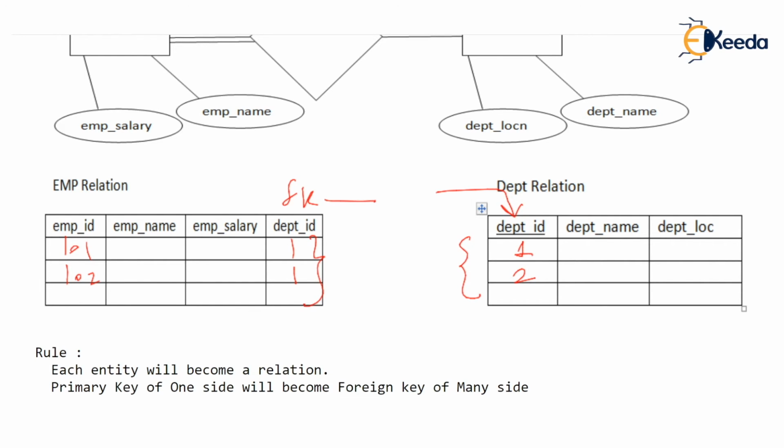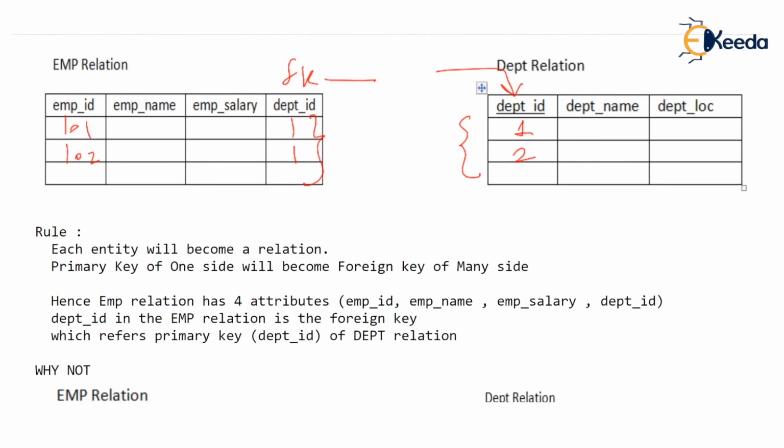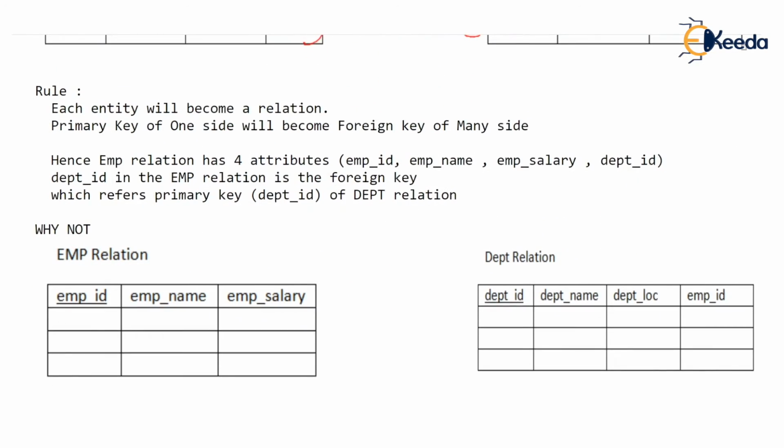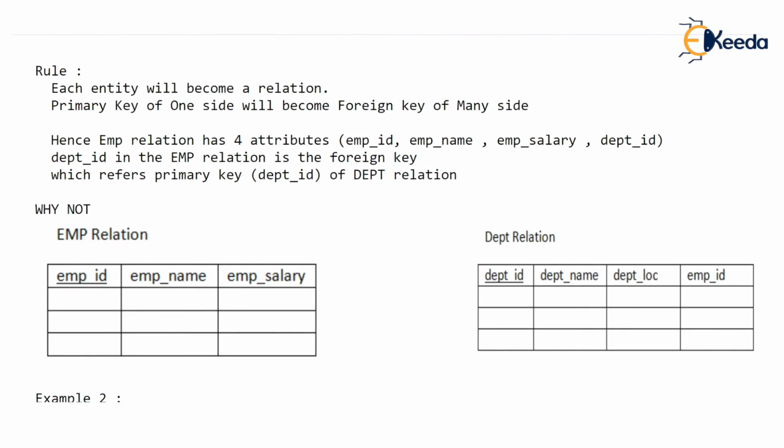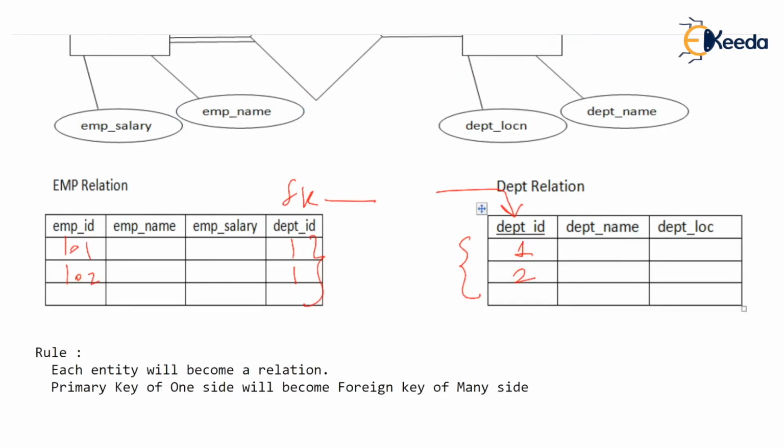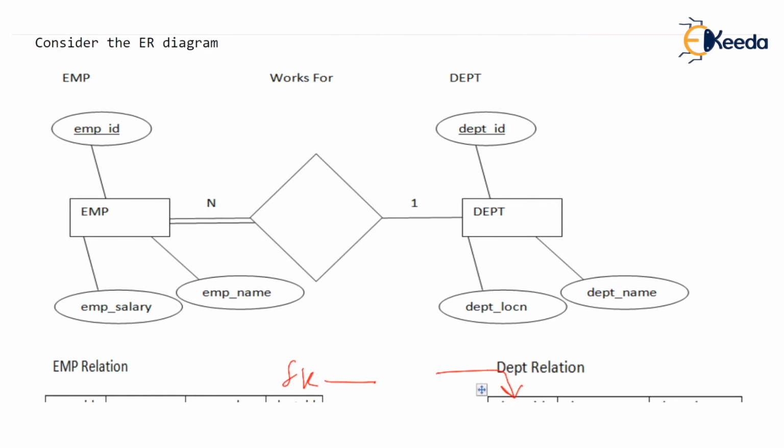Now, before I close this discussion, let's challenge this decision. Somebody will say, no sir, you have told us the rule that the primary key of the one side should become the foreign key of the many side. Why is the opposite not done? Why can't the primary key of the many side become the foreign key of the one side? I am challenging the rule.